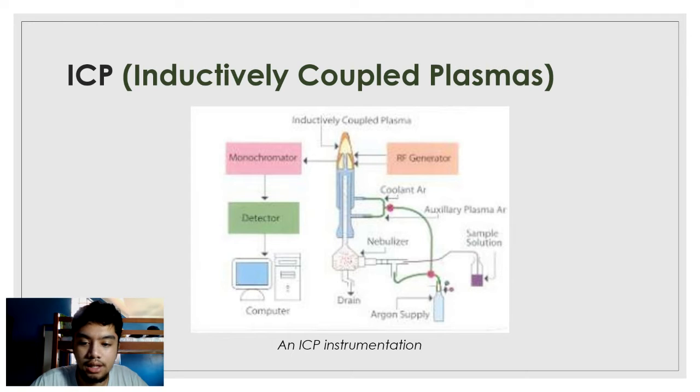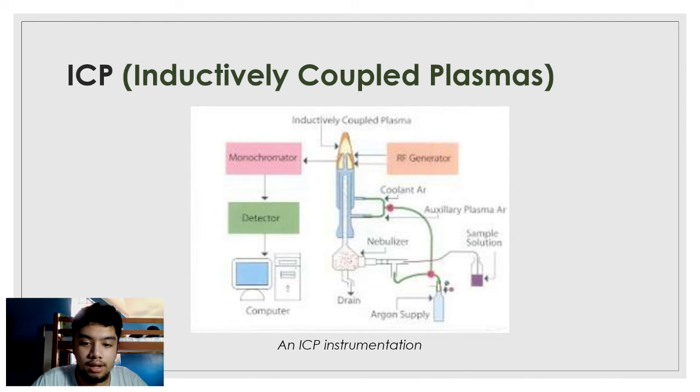As you can see, the argon supply has two separate tubes, one for the nebulizer and one for the coolant. This is where the tangential argon flow lies, if you remember.